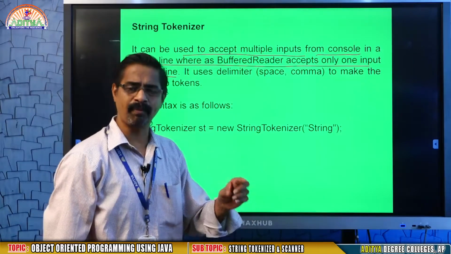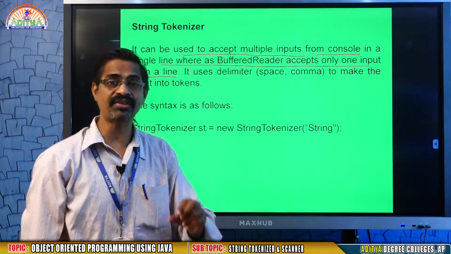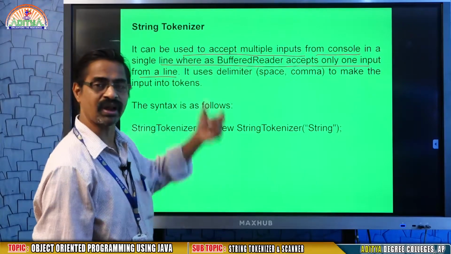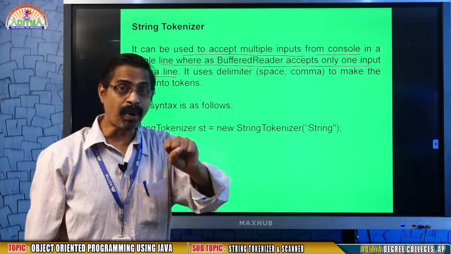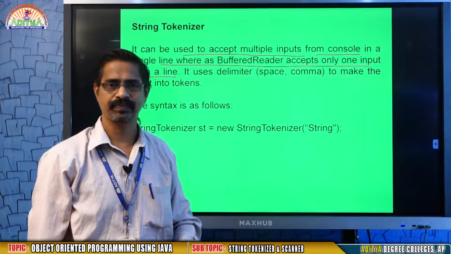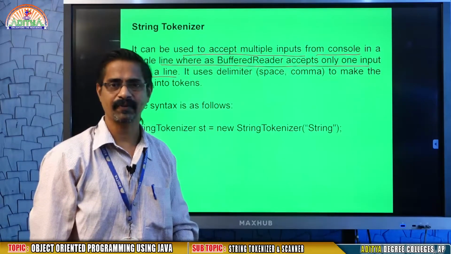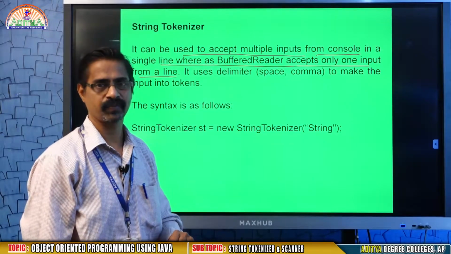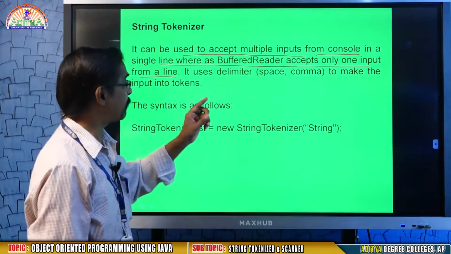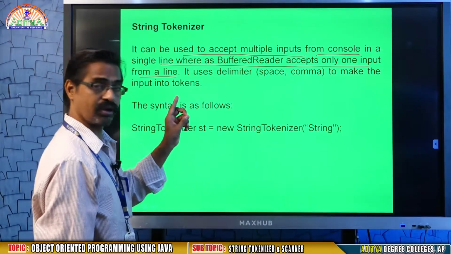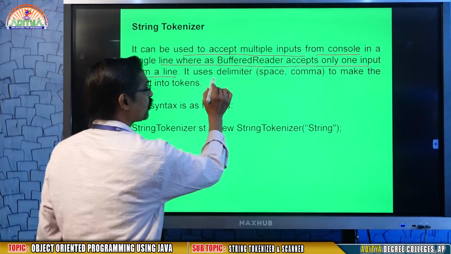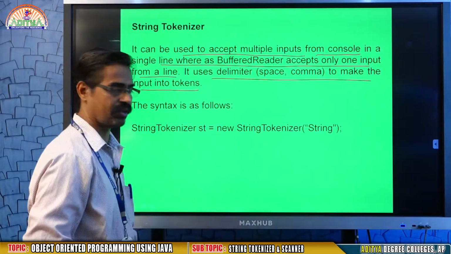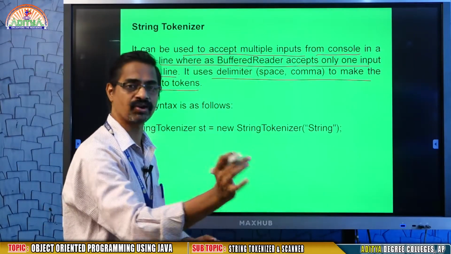BufferedReader always reads a single line, but the tokenizer will take a group of lines, like a passage or essay; it will take bulk information. It uses a delimiter, space or comma, to make the input into tokens, dividing the long string part-wise.